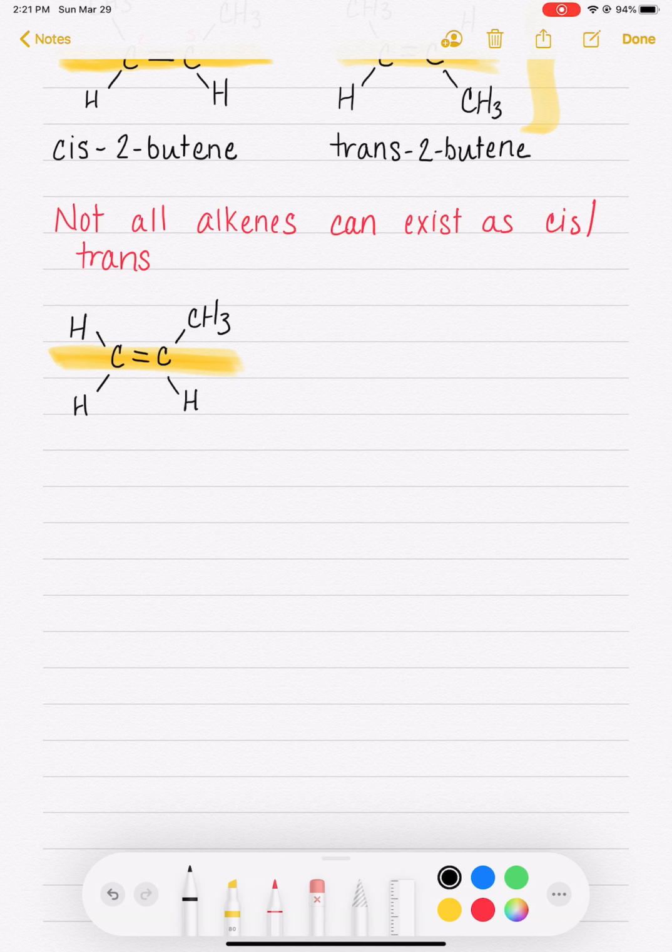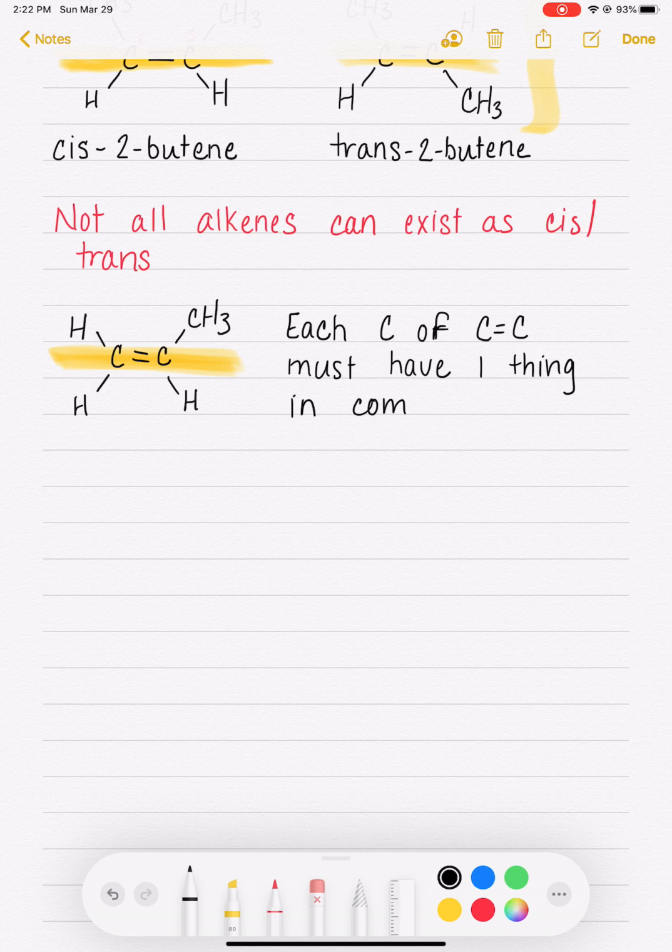In order to classify as cis or trans, each carbon of the carbon-carbon double bond must have one thing in common. So you have to have one thing on each carbon atom that they have in common. For example, if we're trying to go by a methyl, then the other carbon must also have a methyl in order for us to make that distinction.